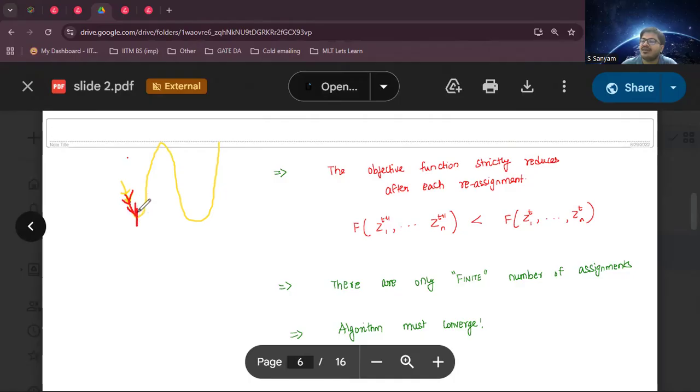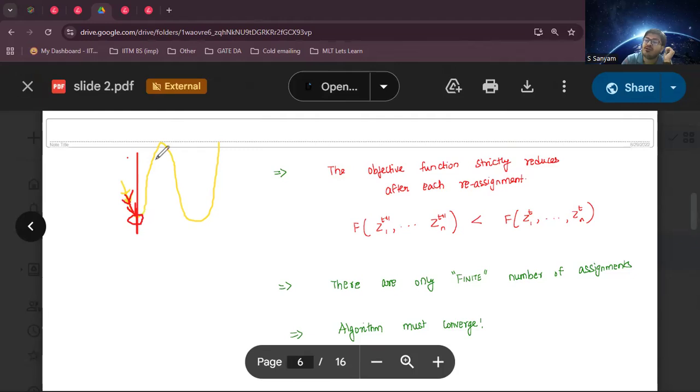But after here, it will not, because it will reach the local minima. It has this type of graph, and this whole iterative step is all about minimizing the objective function. It is for sure that it will minimize to the local minima, because it will go in the direction where the objective function is less.